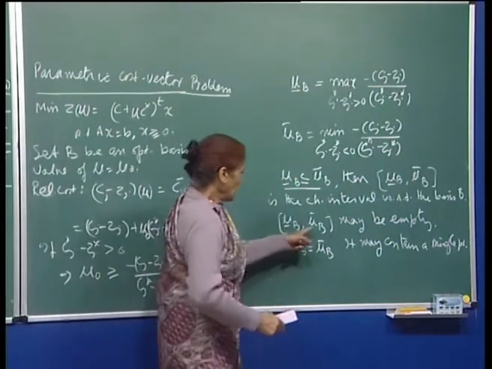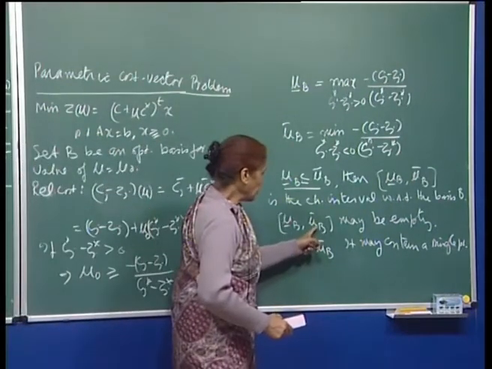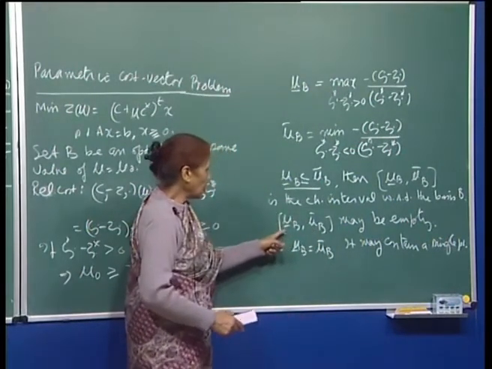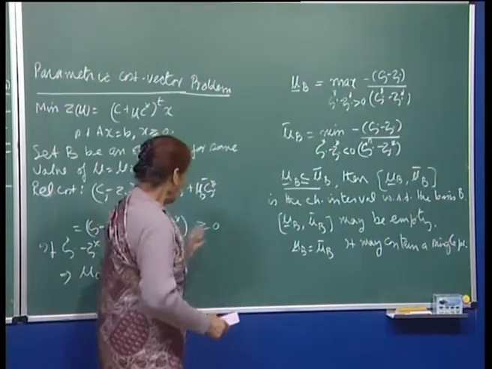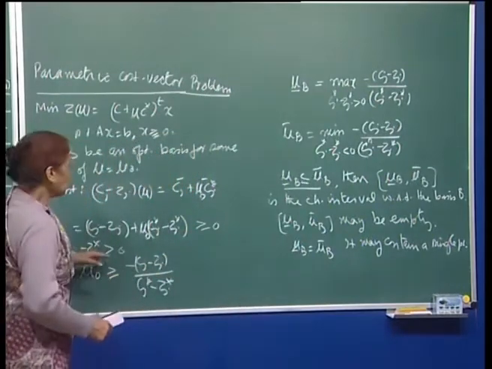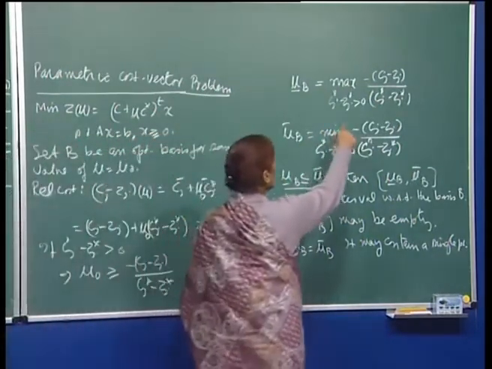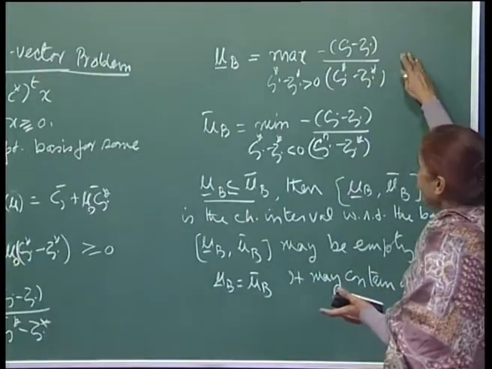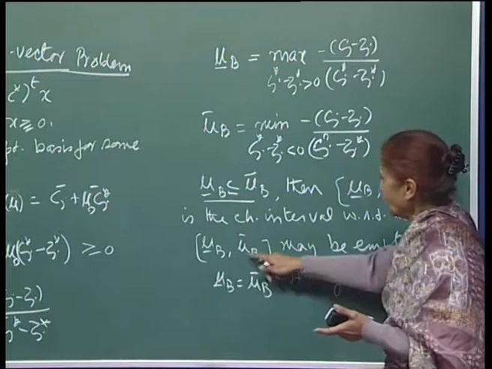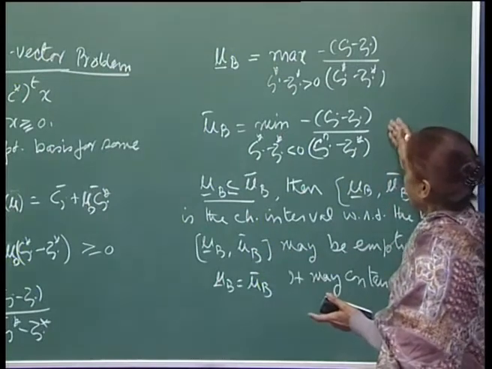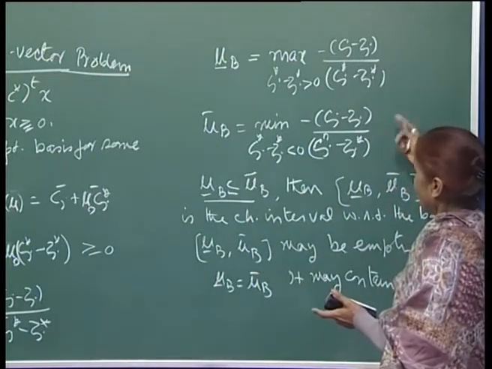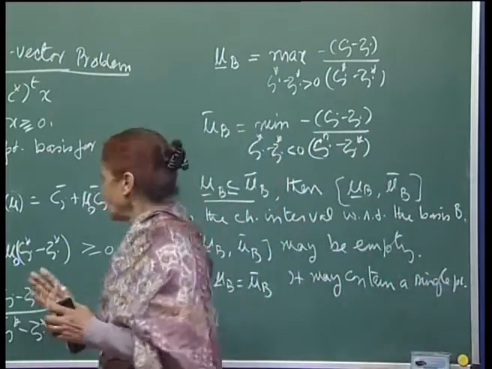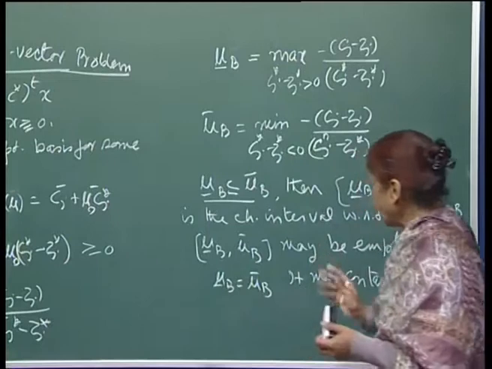Similarly, if you choose mu less than mu lower bar B, for whichever index the maxima occurs, the relative cost will become negative. So you will lose optimality for basis B, right.